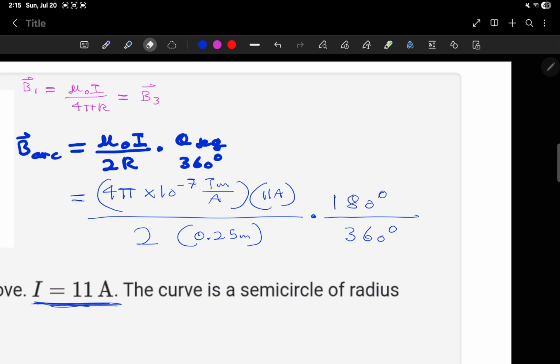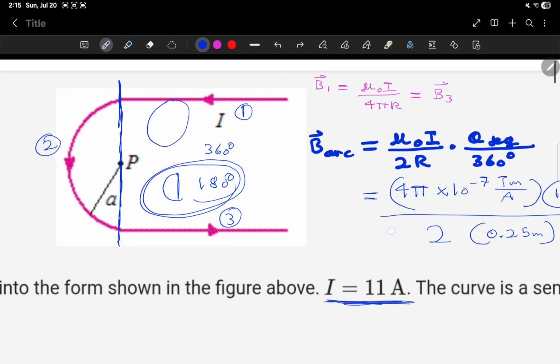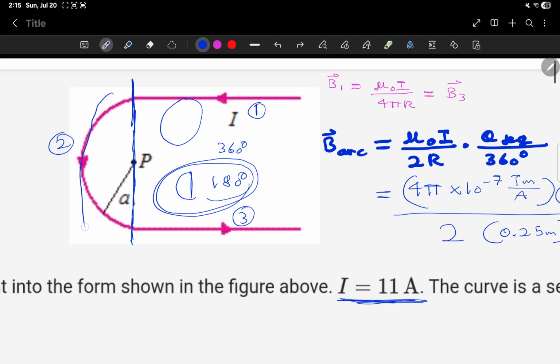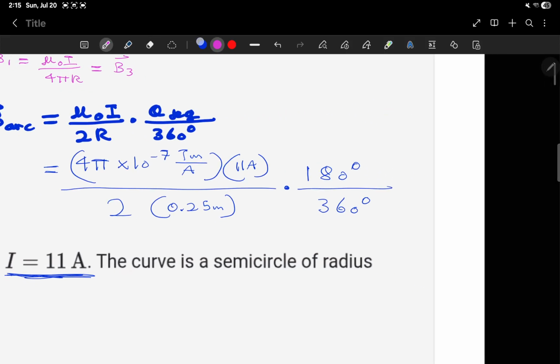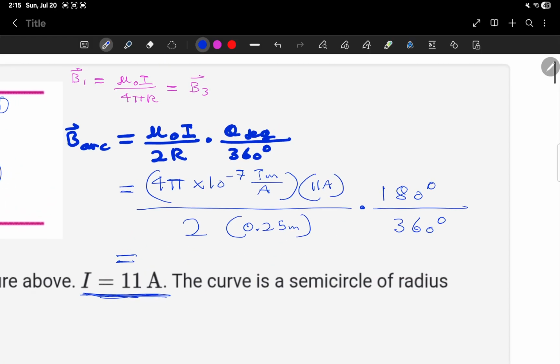We need this part of the formula so that we can find the magnetic field from this entire semicircle. So now I'll plug this into the calculator.